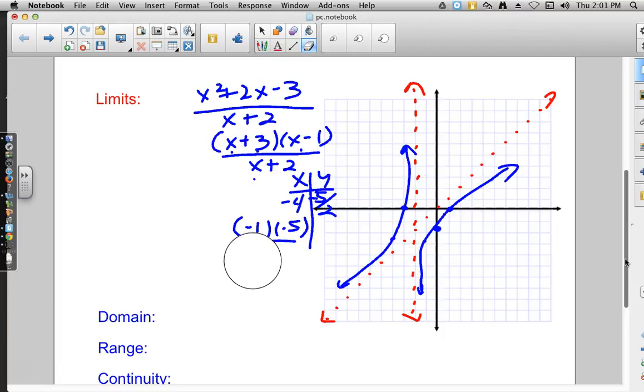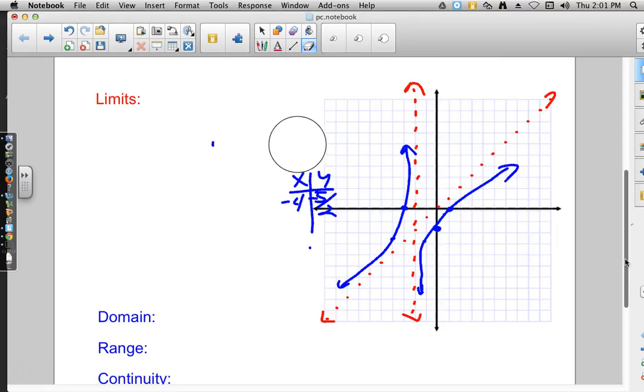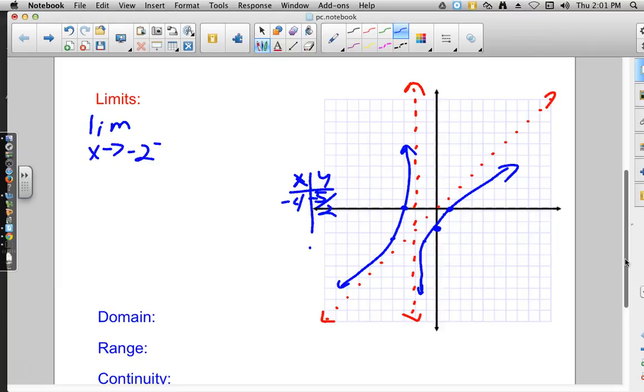So now that we have that information, we can talk about the limits. And that would be, in this case, just that one vertical asymptote of x equals -2. So the limit as x approaches -2 from the left of, and this was not f of x, this was h of x.